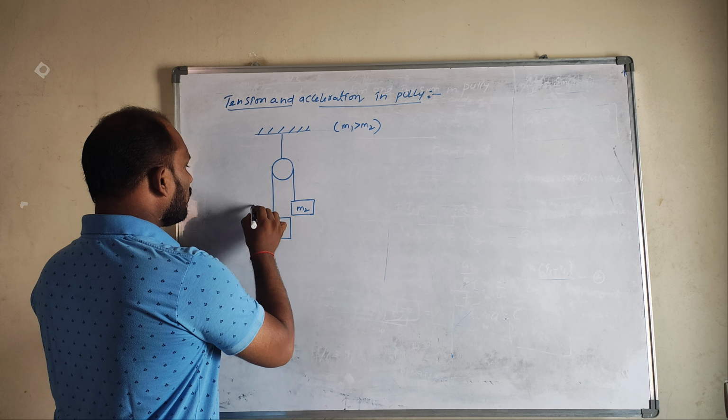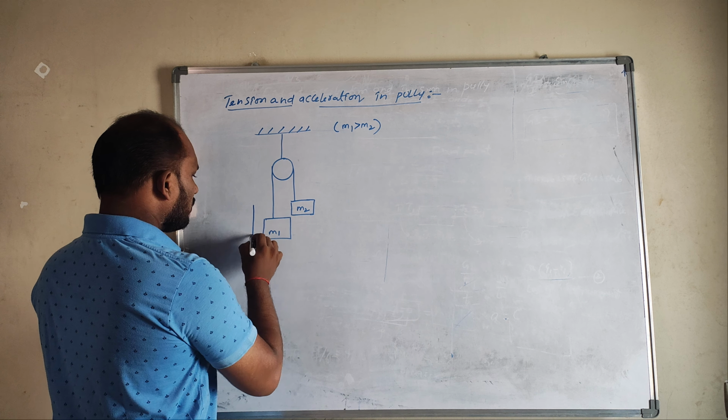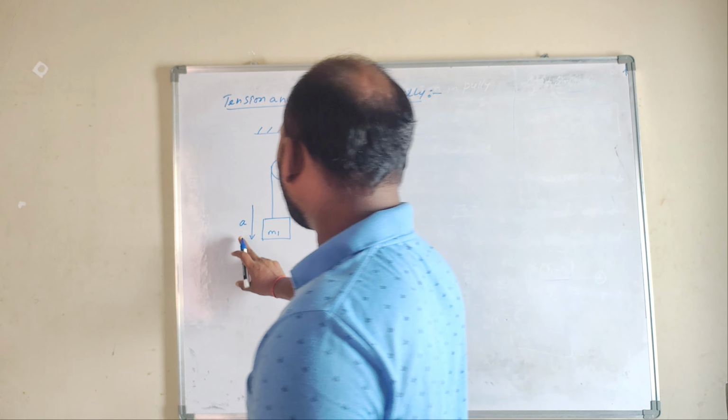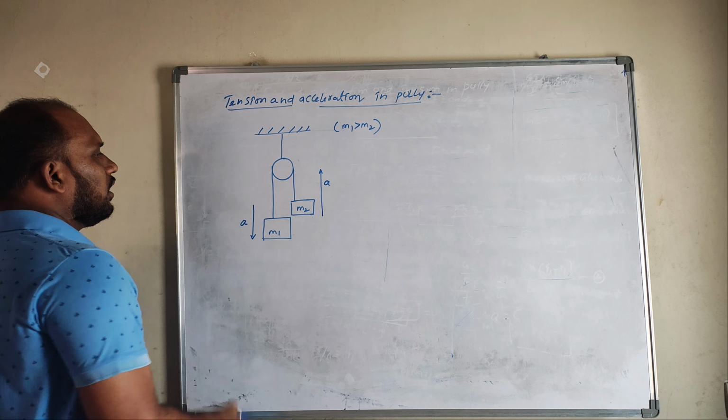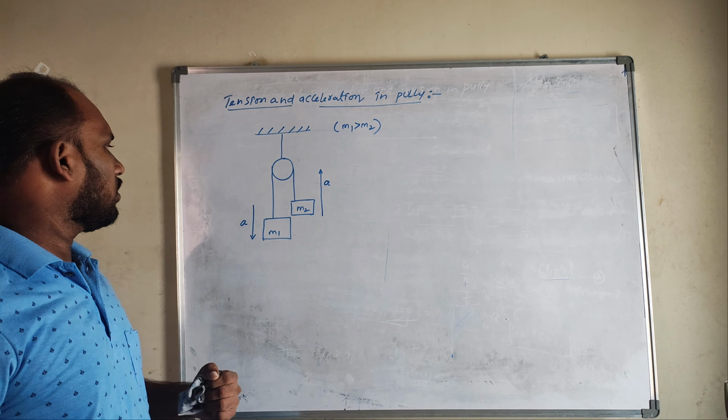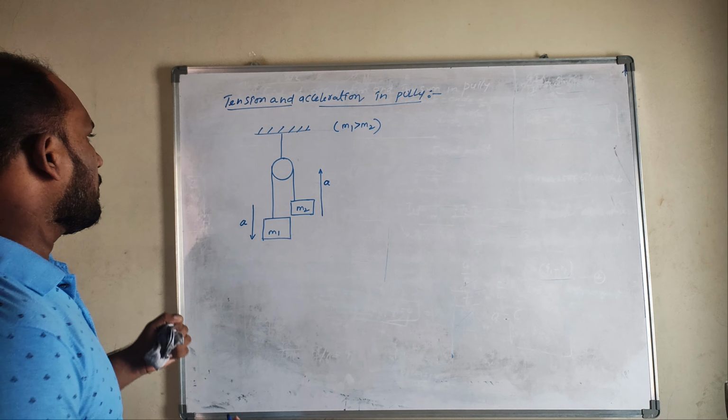So the acceleration is downward for M1 and upward for M2. My assumption is that both blocks have the same acceleration A.